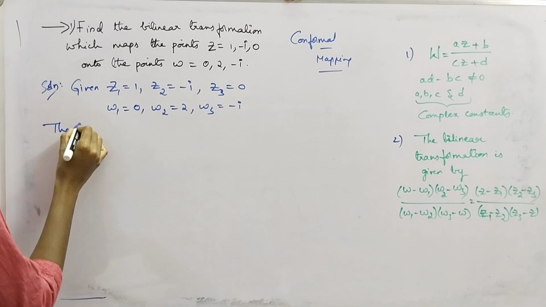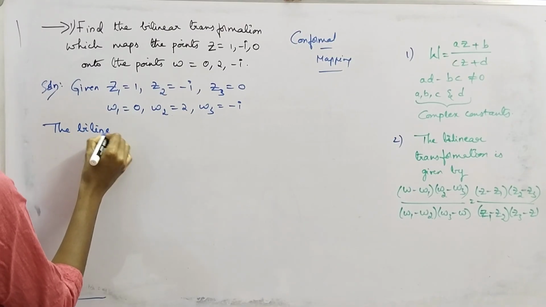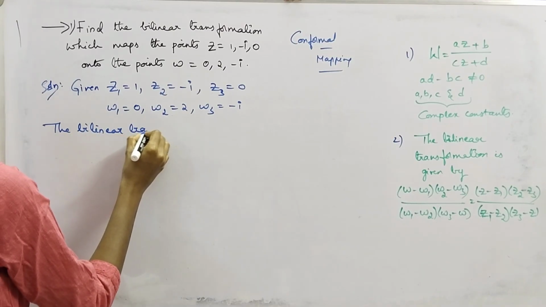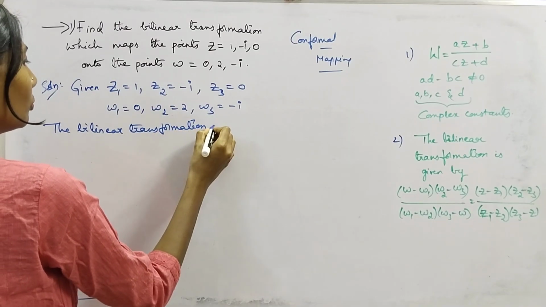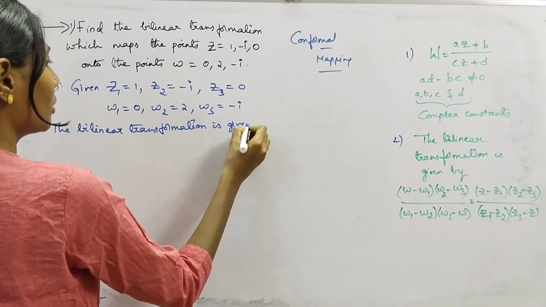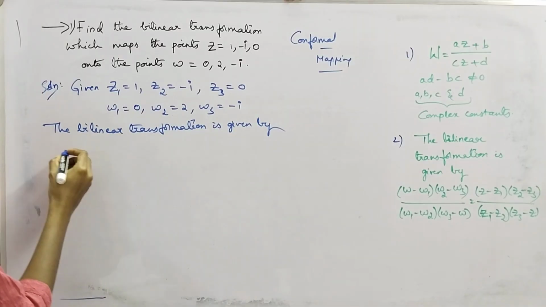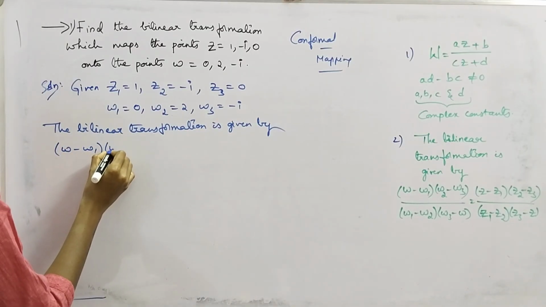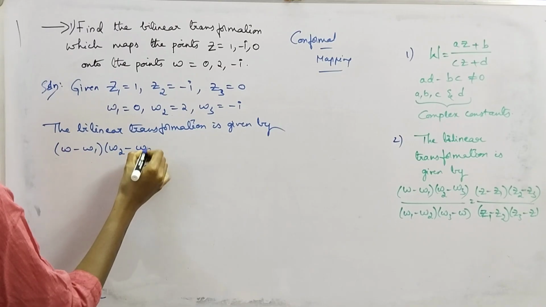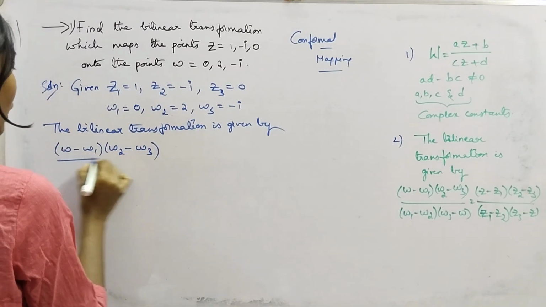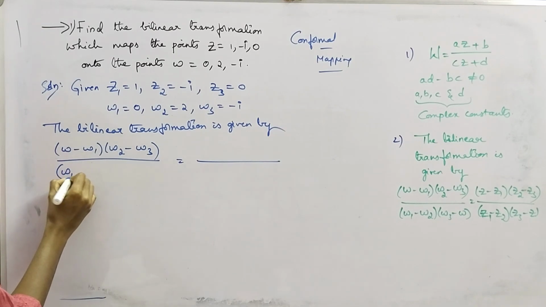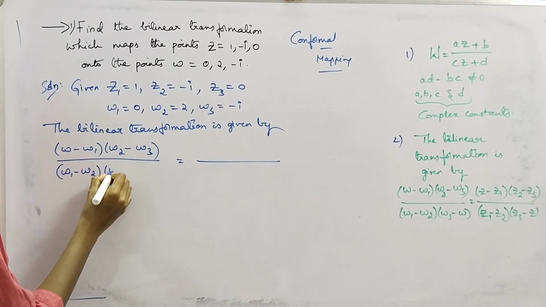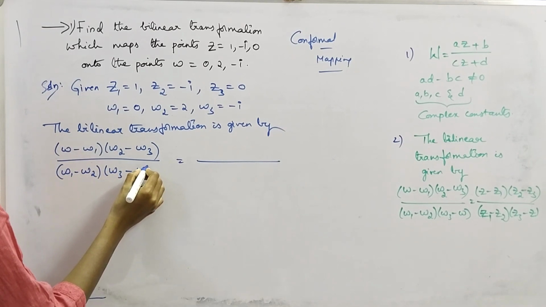The bilinear transformation is given by (omega minus omega 1)(omega 2 minus omega 3) by (omega 1 minus omega 2)(omega 3 minus omega).